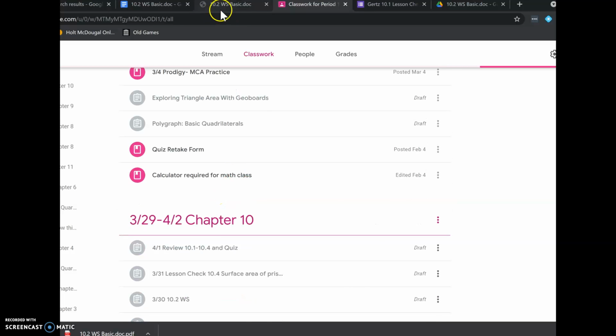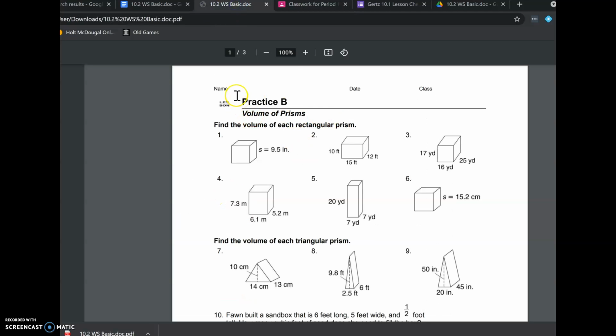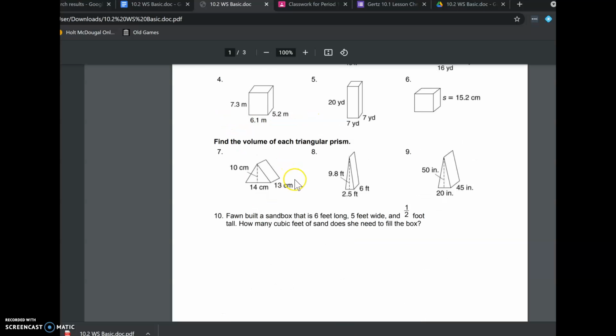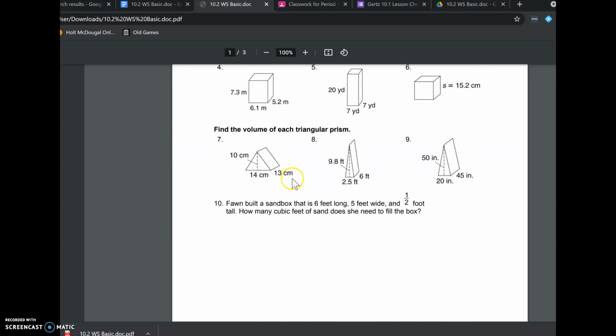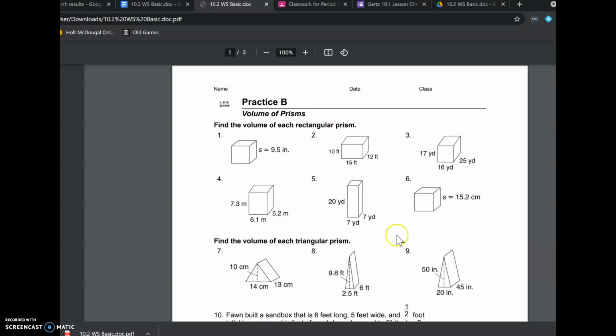I'll show you. It says 10-2 and volume of prisms, and it is double-sided. It looks like that. So if you can't find it, that's fine. This is in Google Classroom. They can just write their answers in their notebook if they can't find it. And they do need to show work, and they can use a calculator.